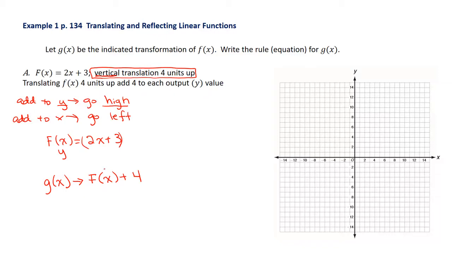All right, so that's y plus 4. So our equation is going to be g of x is equal to f of x, which is 2x plus 3, plus 4. All right, so g of x, when we add our like terms, equals 2x plus 7.